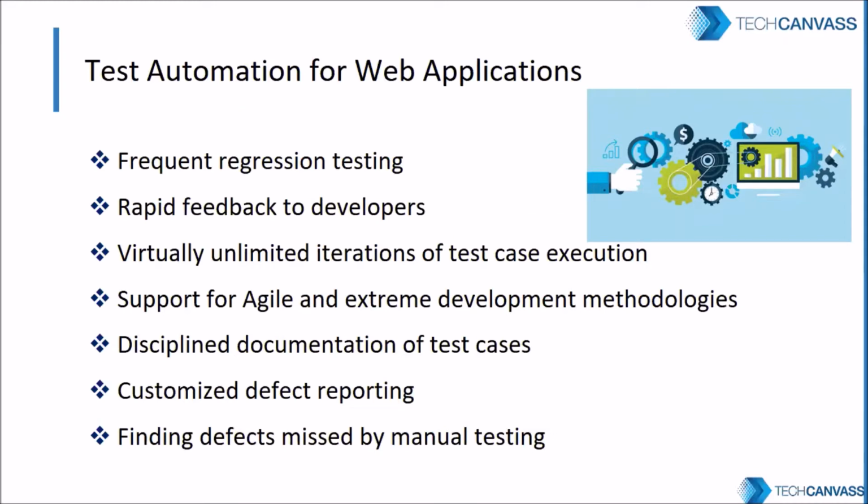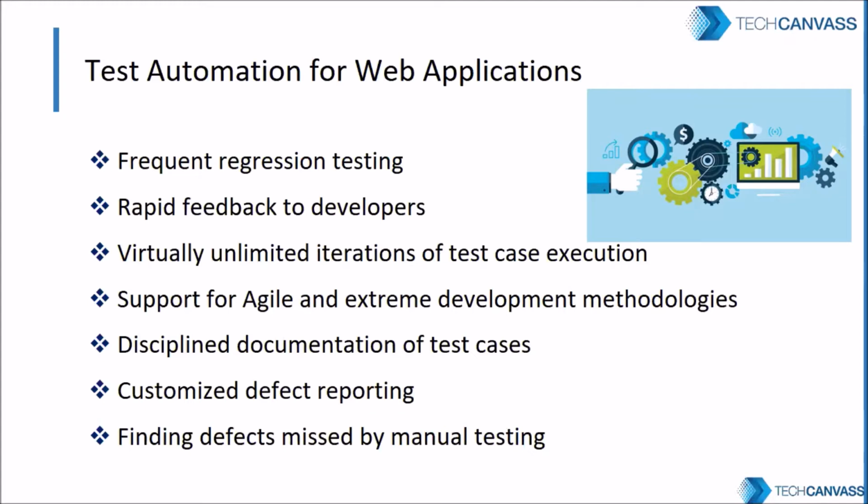So we need frequent regression testing. Testing regression manually is a big bottleneck, and it cannot be followed judiciously if our regression testing is manual in nature, because it is redundant and it consumes a lot of time.